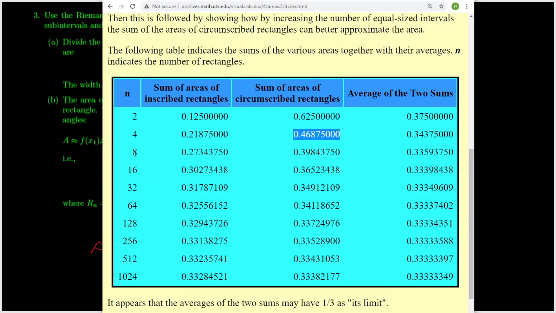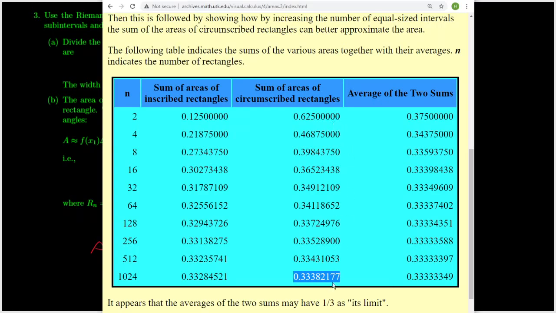If n is 8, you have that value. We mentioned before, the larger the value of n, the better the estimate. If we use n equal to 512, the estimate of the area of the curved triangle is that. If we double that number, the corresponding sum of the areas of the rectangles is that number.